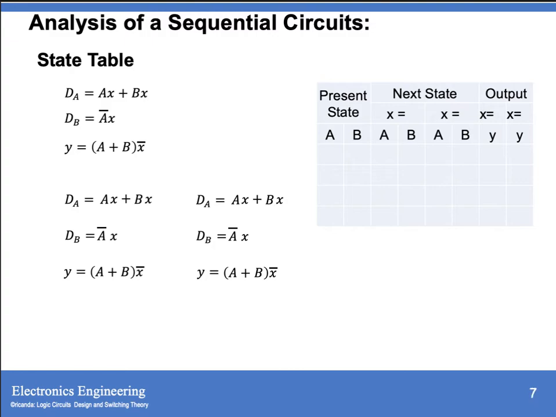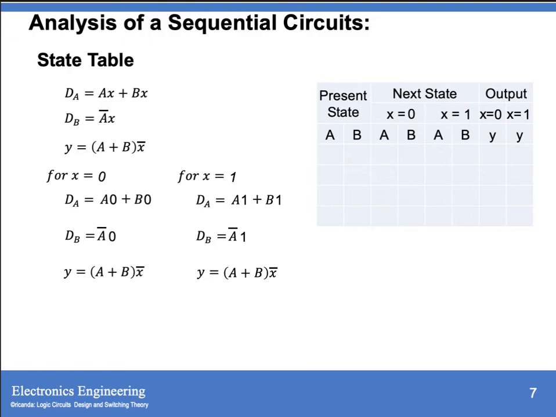So first, if we have X equivalent to 0, all the X in your first column will become 0. And for X equivalent to 1, all the X in your second column will become 1.